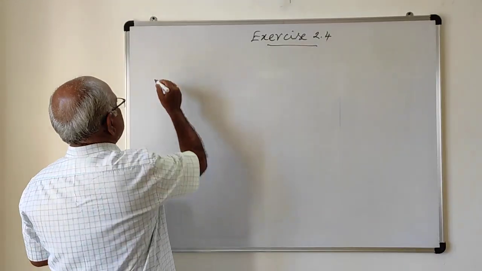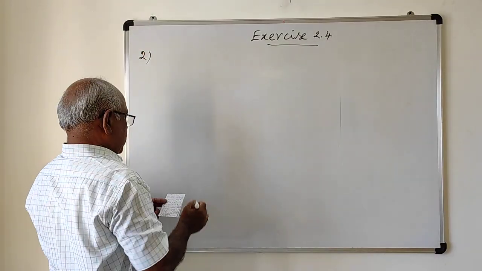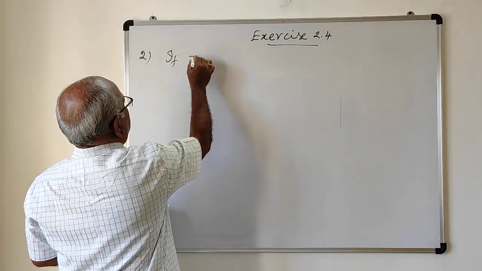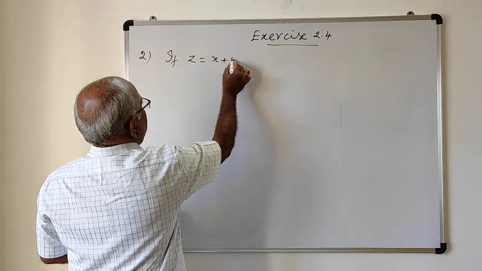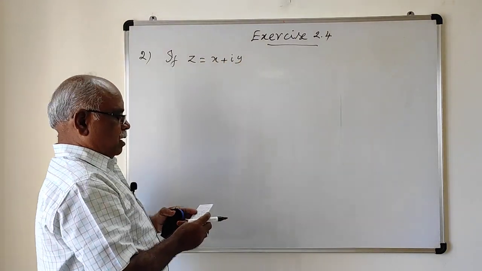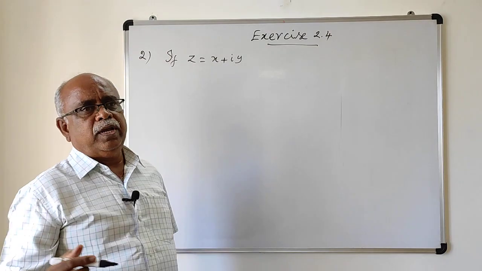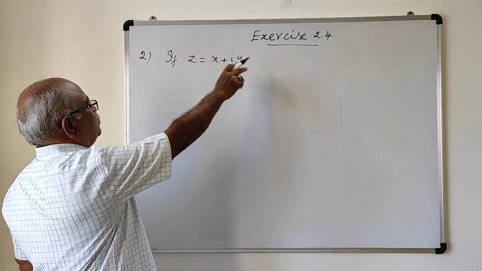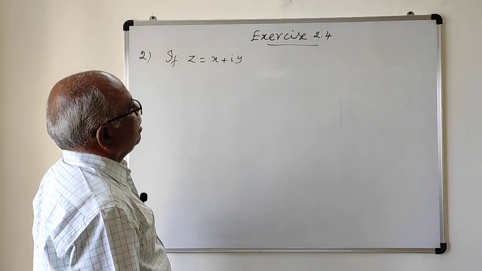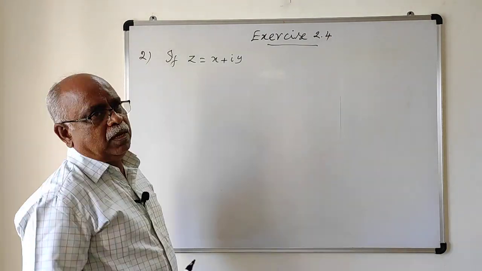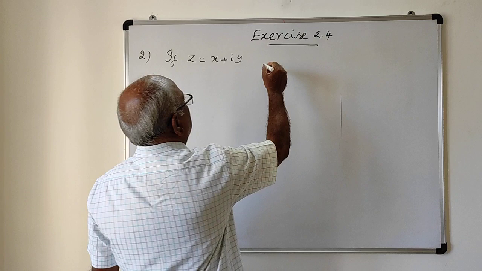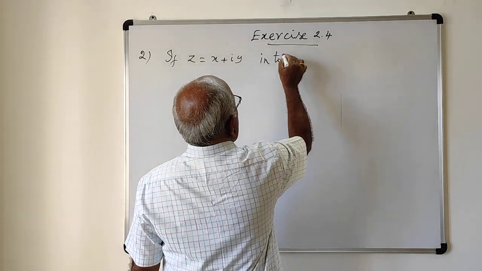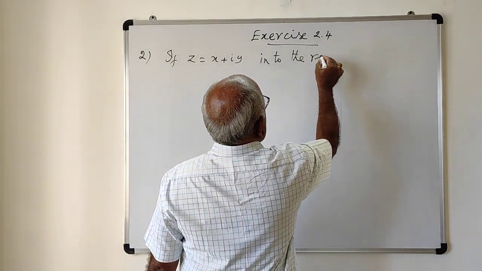The second sum is, if z equal to x plus iy, then convert the following problems into the rectangular form.